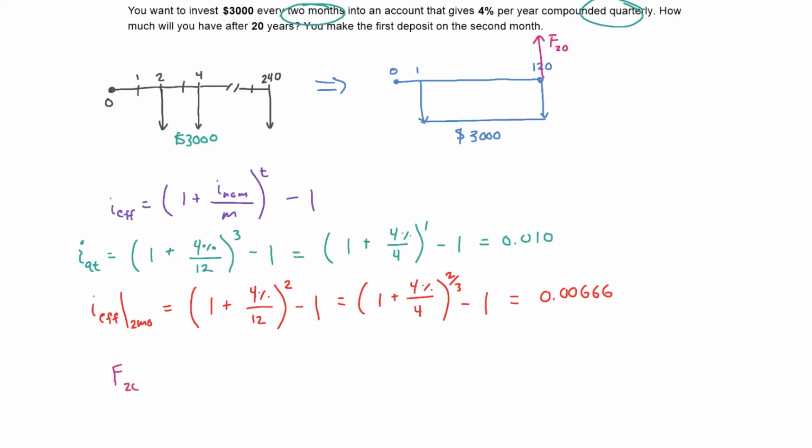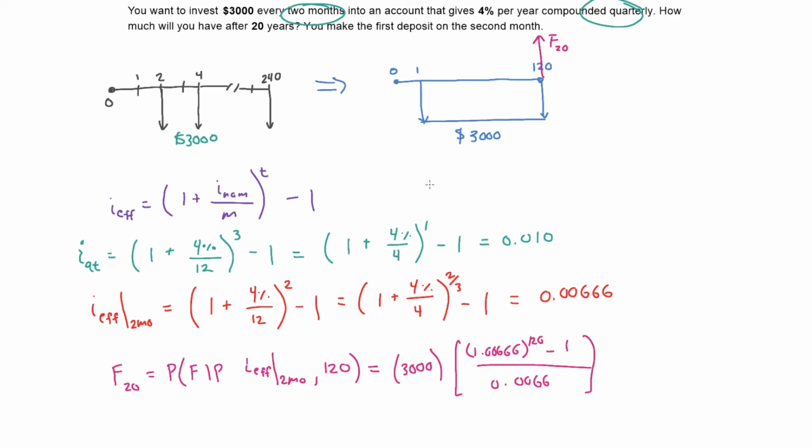F20 is simply the payment multiplied by the future given present factor at our effective interest rate per 2 months, for 120 periods. Then we plug this into our formulas, and we get the future value, which is $548,593.23. So that is the future value if we invest $3,000 every 2 months in an account that's 4% per year compounded quarterly.